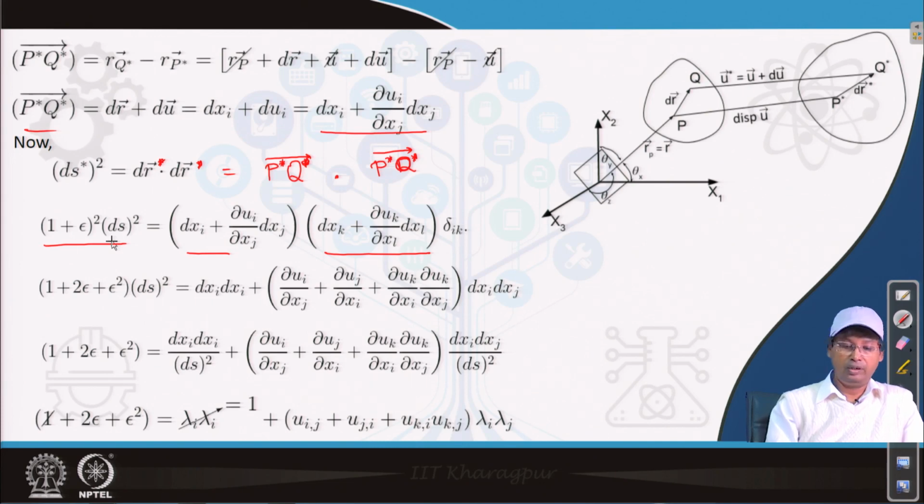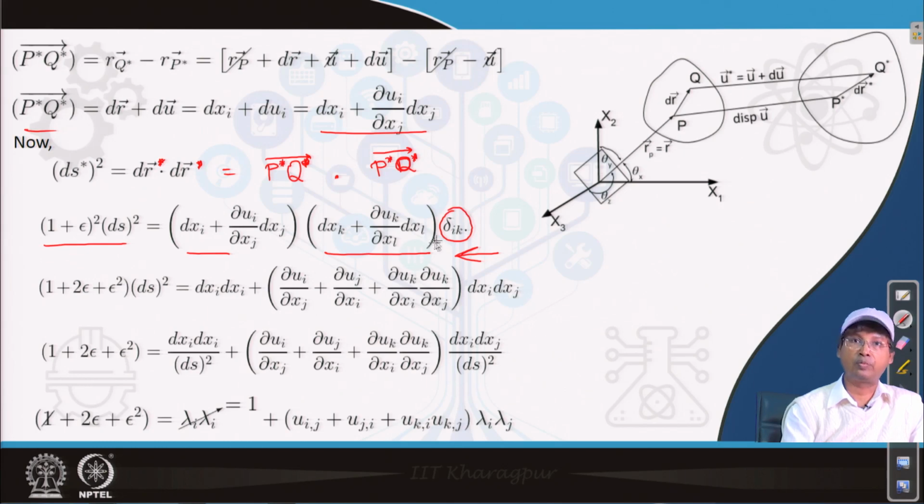And I have skipped some steps in this, because that is a completely tensorial notation of multiplying two incremental vectors. The Kronecker delta is introduced because of the dot product, and because of the introduction of the dummy variables k, l, there is a complicated tensorial calculus involved.